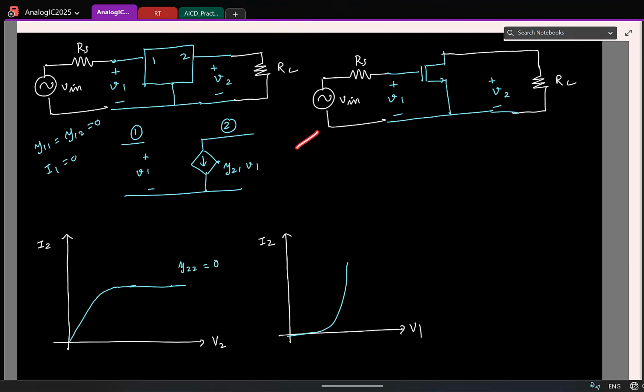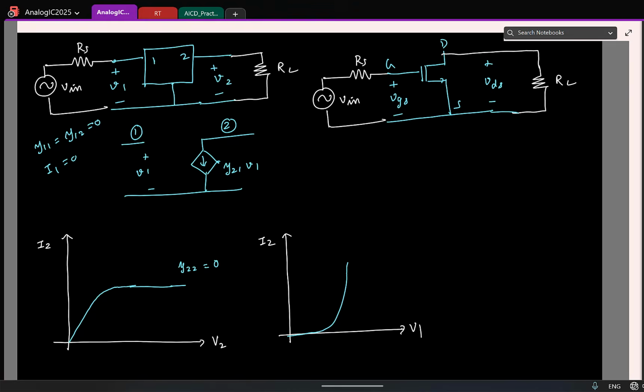In practice, the MOSFET also needs to be biased so that it is operating in whatever operating region you want. And I'm sure you remember this is called the gate, drain and source. So the port voltage V1 is essentially the voltage across gate and source. Similarly, port voltage V2 is VDS.